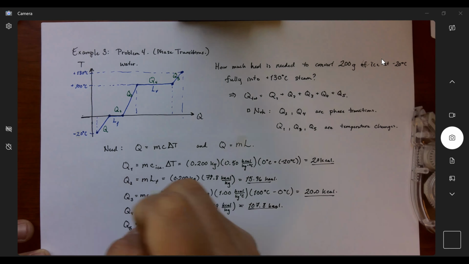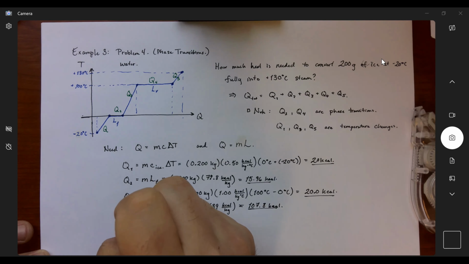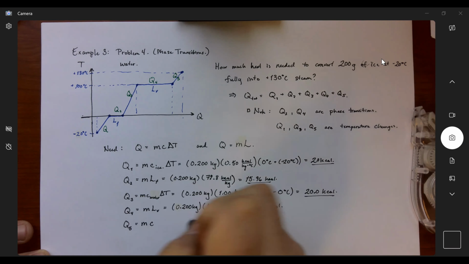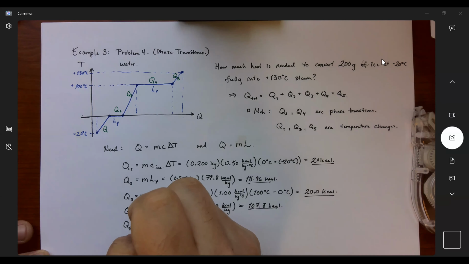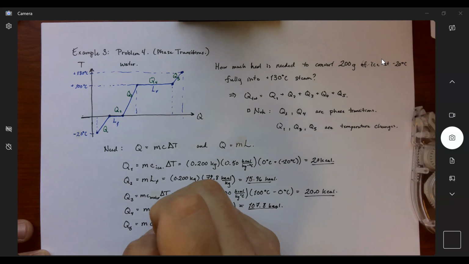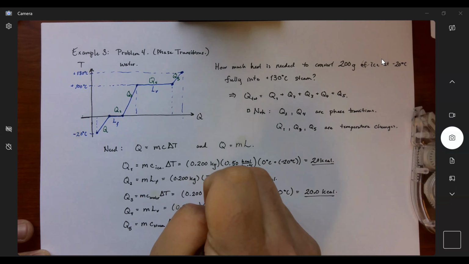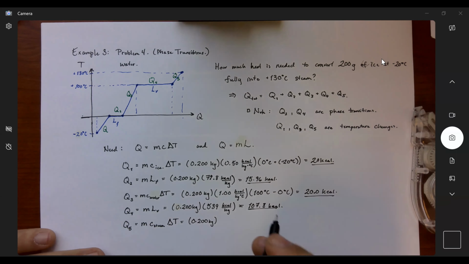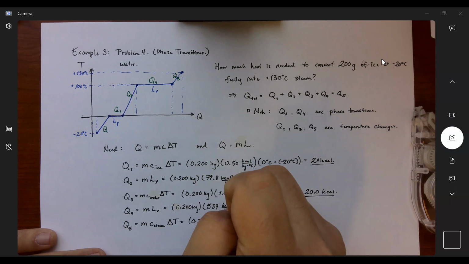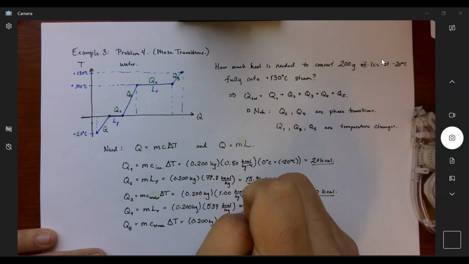Last but not least, Q5, which is steam. We have a mass of 0.2 kilograms, and we just need the specific heat of steam and the temperature difference. The specific heat of steam is 0.363 kilocalories per kilogram degrees Celsius.